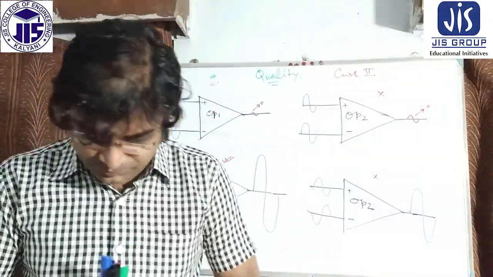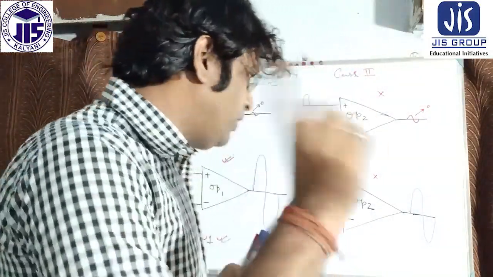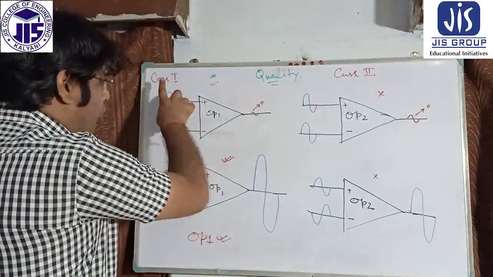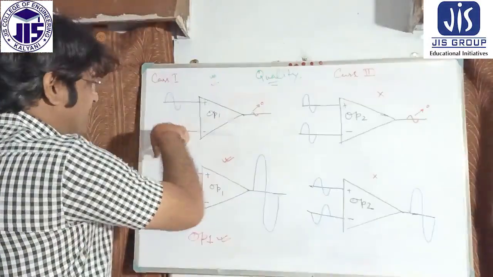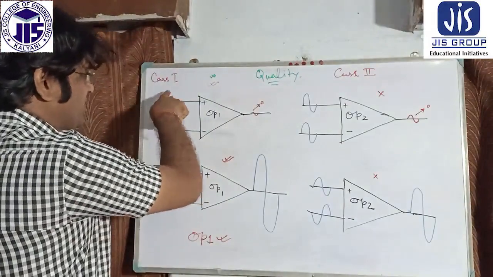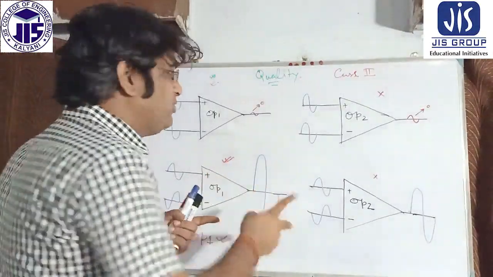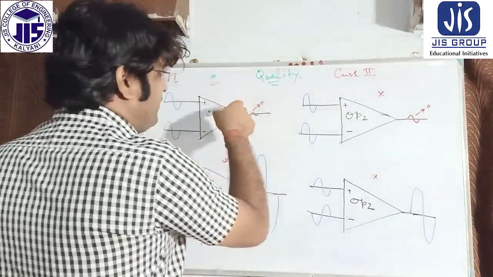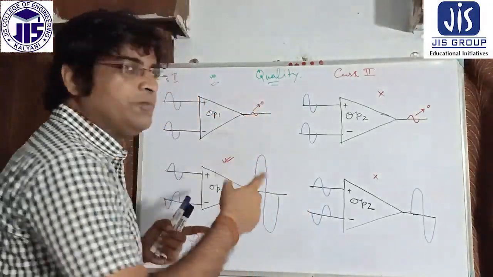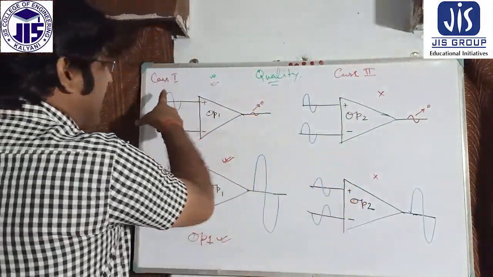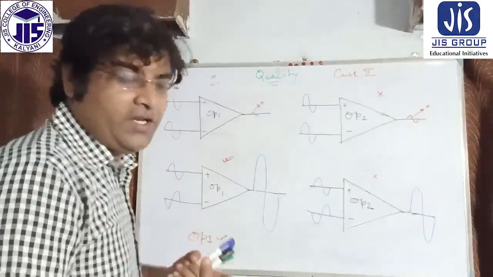Okay, very good. One thing I want to explain: this is the common mode, as the signals are in the common position. The common signal is introduced in the operational amplifier, and for that reason the output tends to 0, so it can be called the common mode configuration.